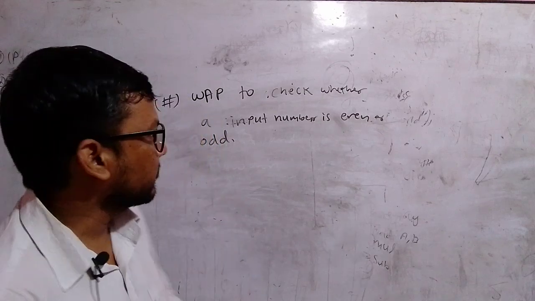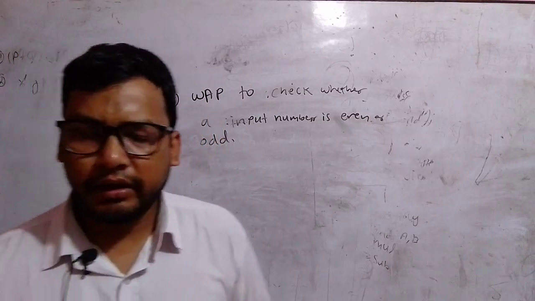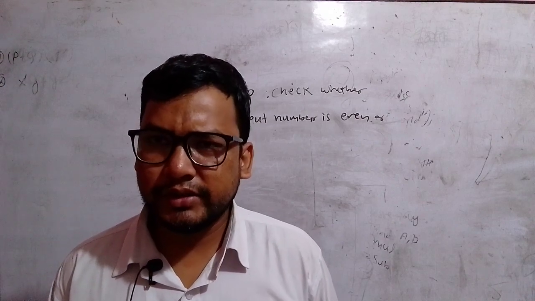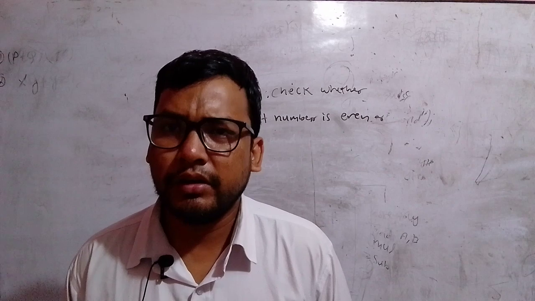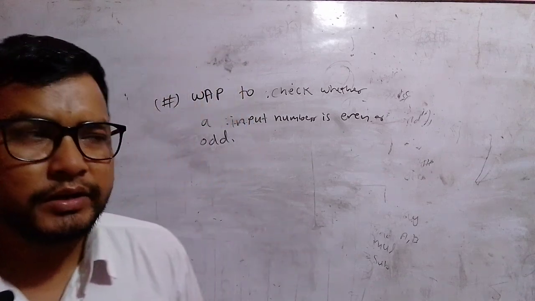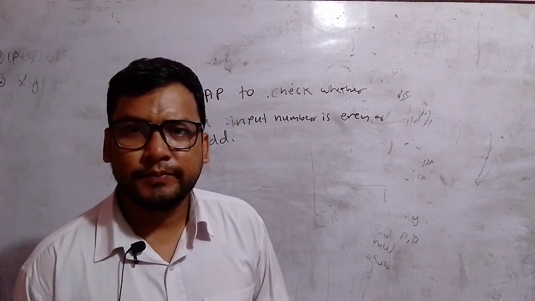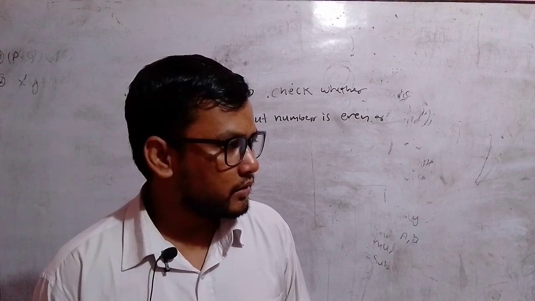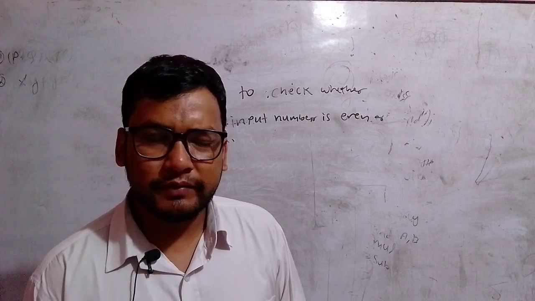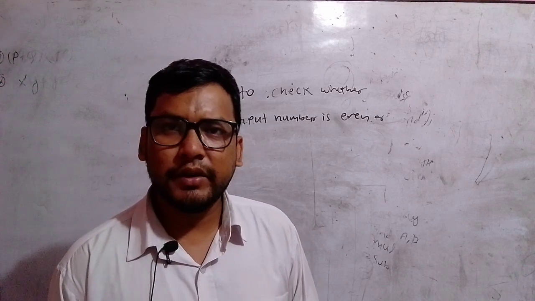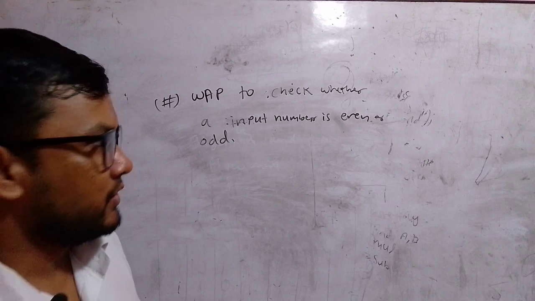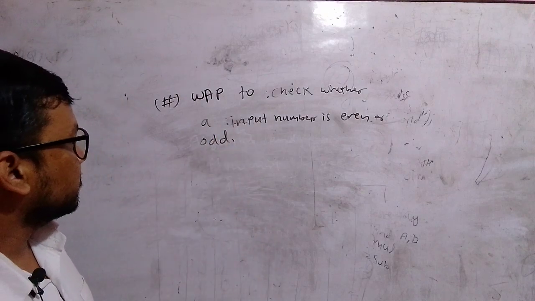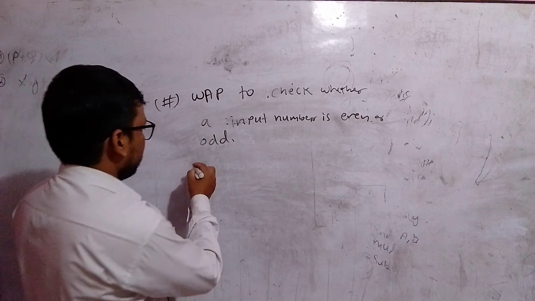Suppose we want to solve this problem. We need to take an input number, and we need to check whether this number is even or odd. Now we'll try to write its algorithm, find its flowchart, and solve this problem using the C programming language. We'll understand from this example.